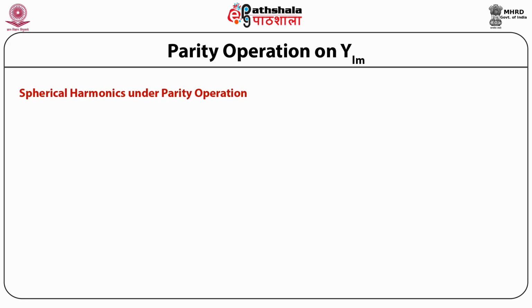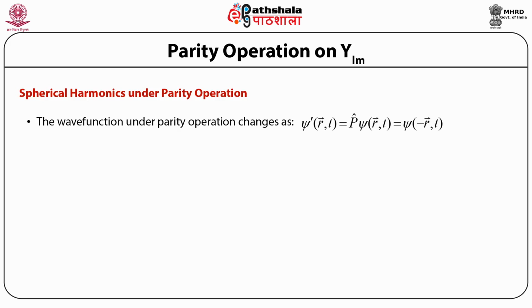Parity operation basically means that if there is a function of a radial vector, and that radial vector goes from r to minus r, then how does the function's value change?